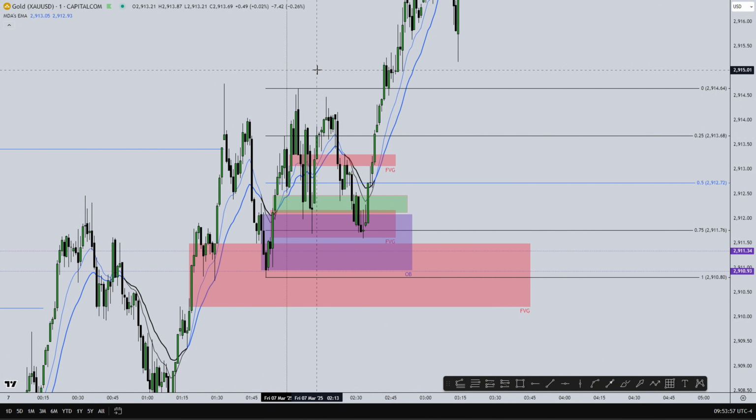And as I said before, if you want to buy, you have to wait for the price to go to the discount area, and if you want to sell, wait for the price to go to the premium areas. And this is the number one reason why people struggle to be profitable using the ICT concepts, because they don't fully understand how to apply these concepts into day-to-day trading.